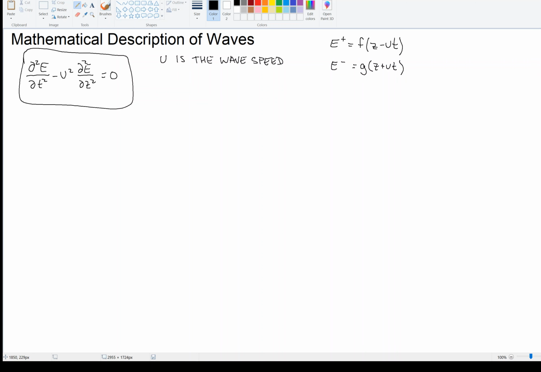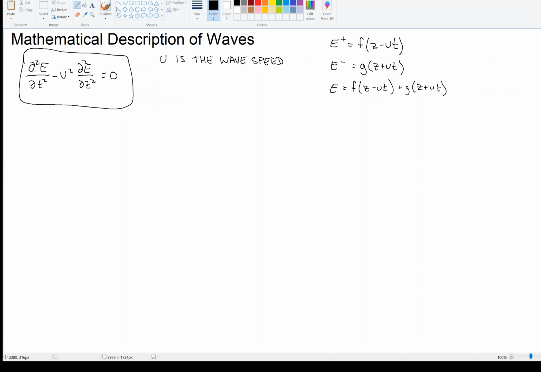And the neat thing about the wave equation, you know that waves interfere and they obey superposition. So if you have two waves that solve that equation, then the superposition or the addition of those waves will also satisfy that equation.